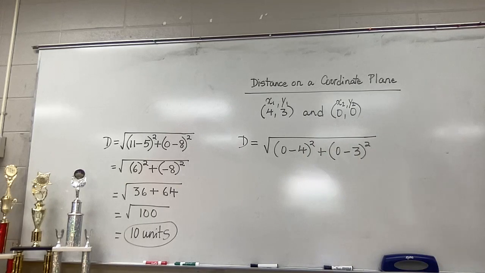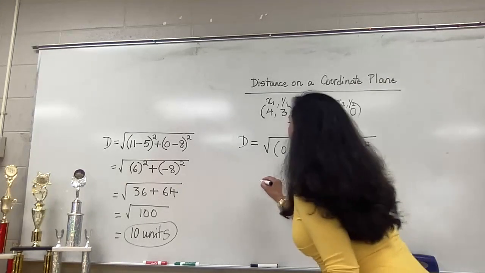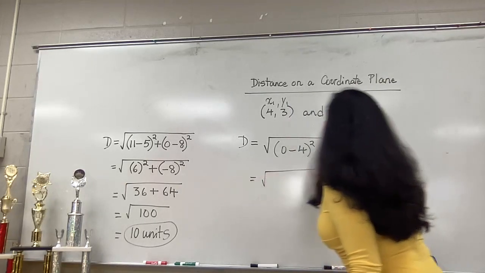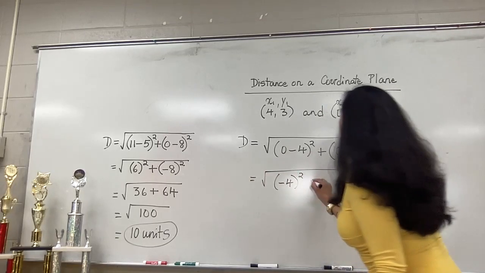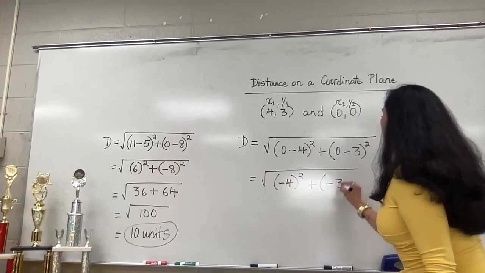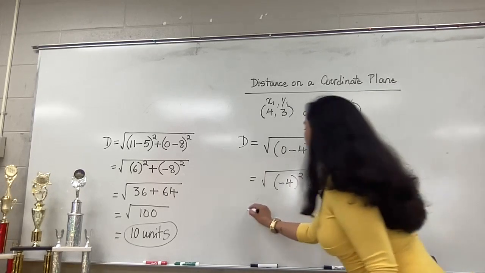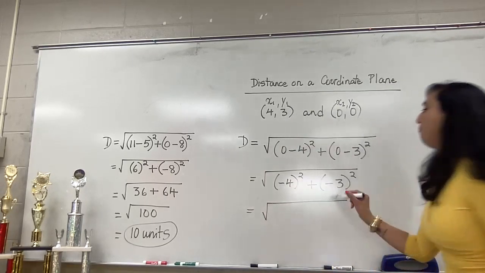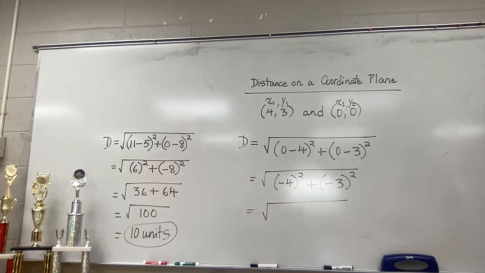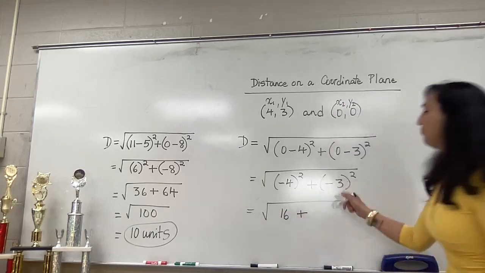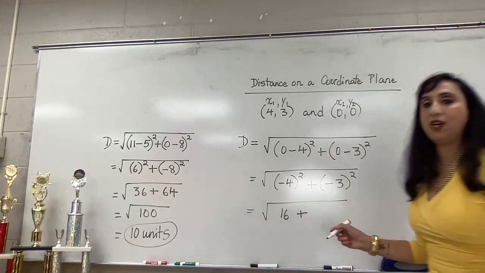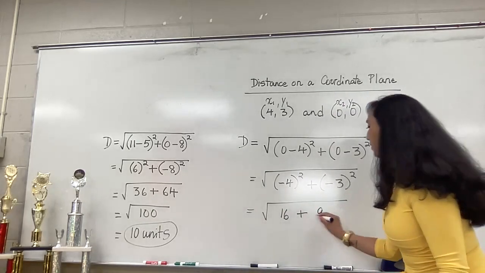When I do this, I get the square root of negative 4 squared plus negative 3 squared. Negative 4 times negative 4 gives me 16, plus negative 3 times negative 3 gives me 9.